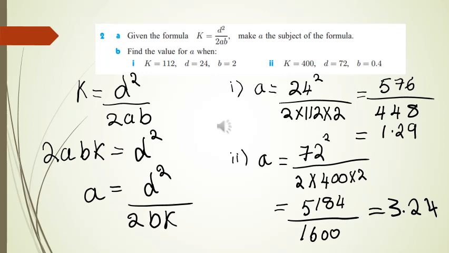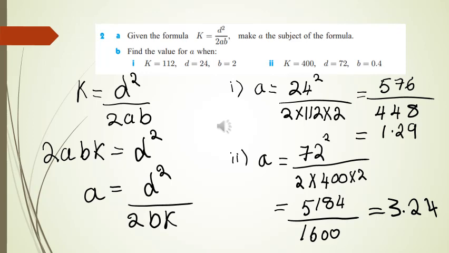So applying the inverse of the operation in solving equations and formulas, change the place of 2ab and make it multiplied by k, from division to multiplication on the other side of the equation. So 2ab multiplied by k is equal to d squared.